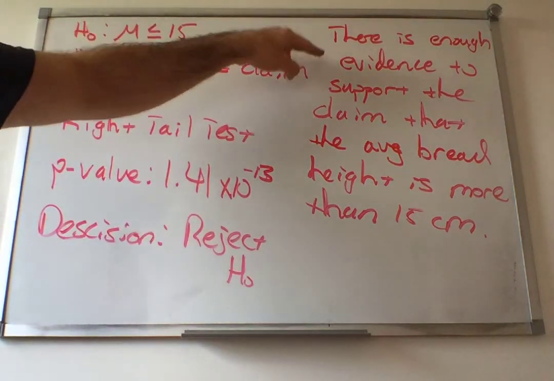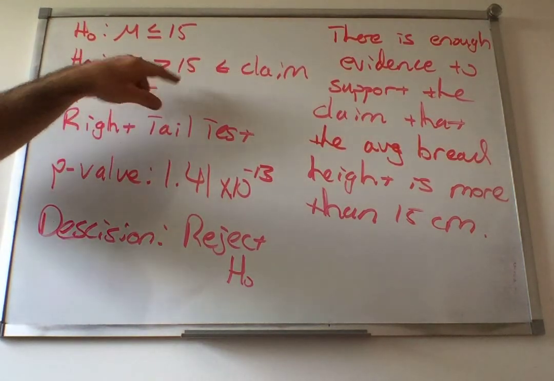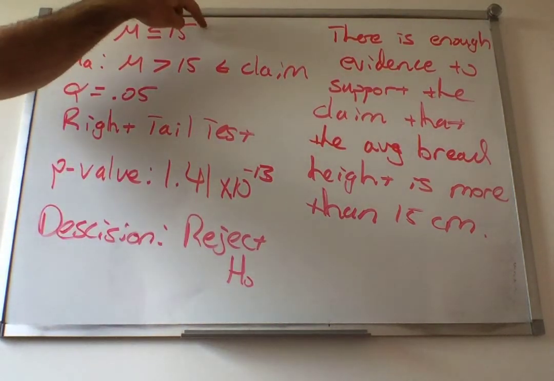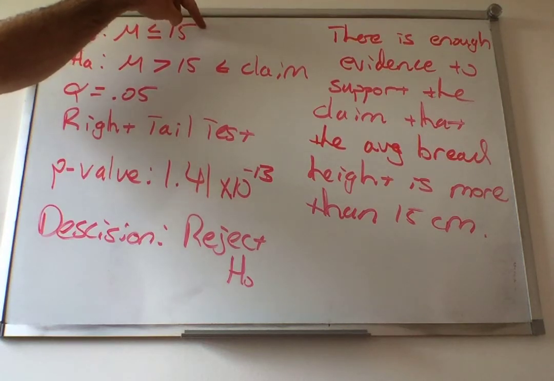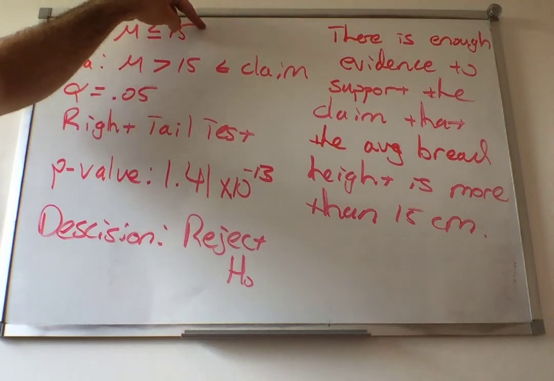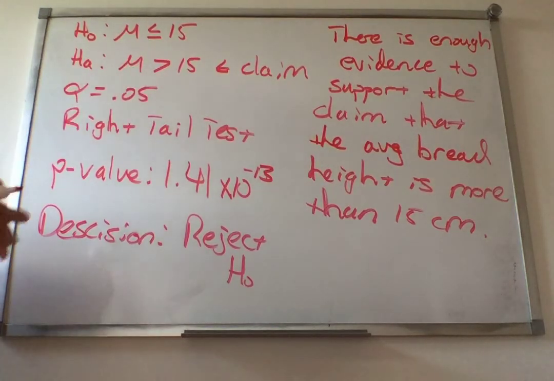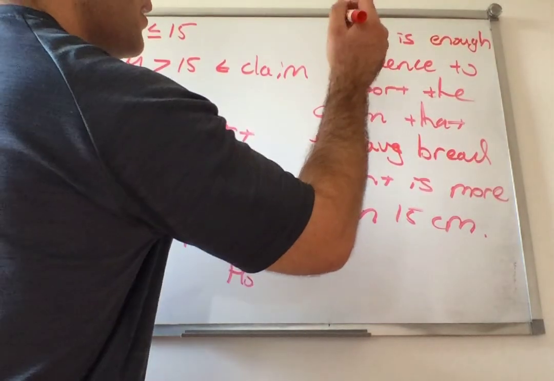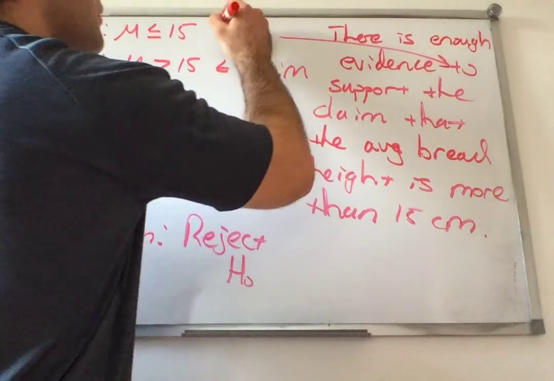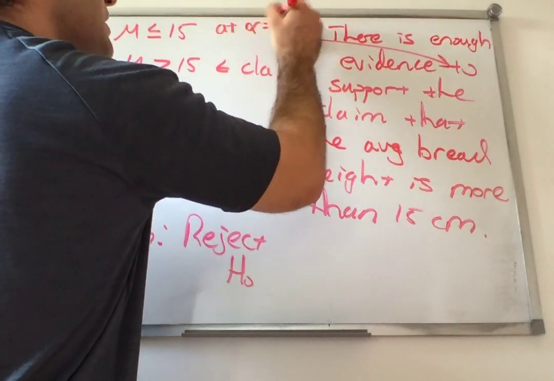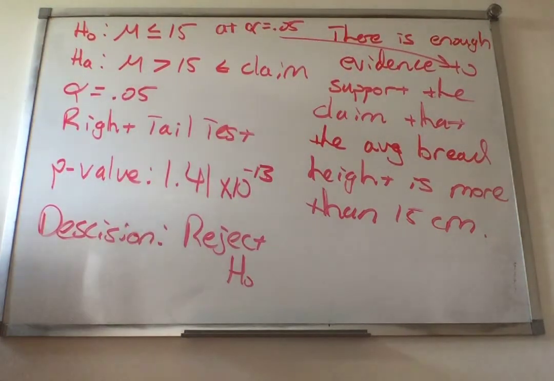So there's enough evidence to support our claim. Now, if our claim was up here, okay, and we rejected this, we would say there's not enough evidence to support our claim, okay? So it really matters where the claim goes. Now, there is enough evidence to, at alpha is equal to 0.05. I forgot that piece right there, okay?